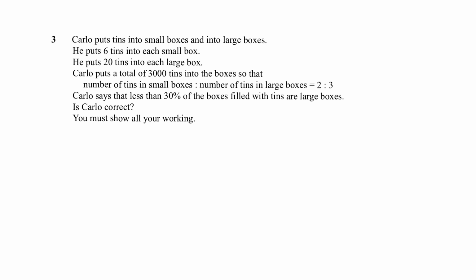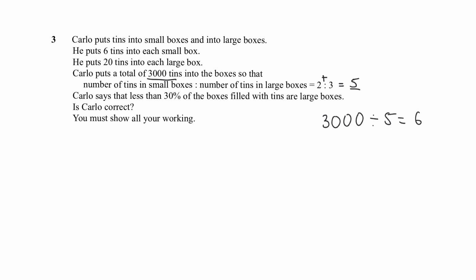Well, first off, the ratio is for every two tins in a small box, you've got 3 tins in a large box. So to work out one part of that, the first thing is we're going to add the two numbers in the ratio together to give us 5. So let's now do the total number of tins divided by the total of the ratio.